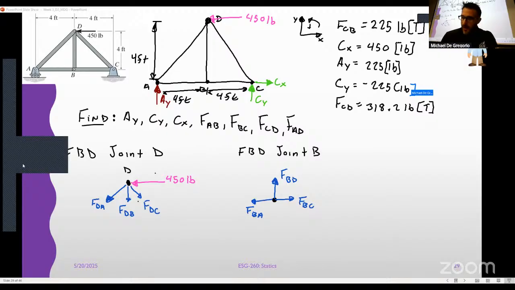Okay. Everything we keep in tension because so far we haven't found anything in compression, right? So everything stays in tension. FBC, we found that earlier. It's FCB, right? It's 225 pounds in tension.